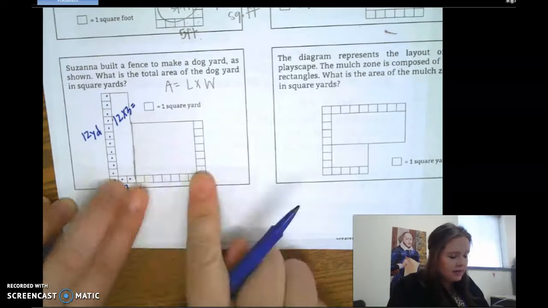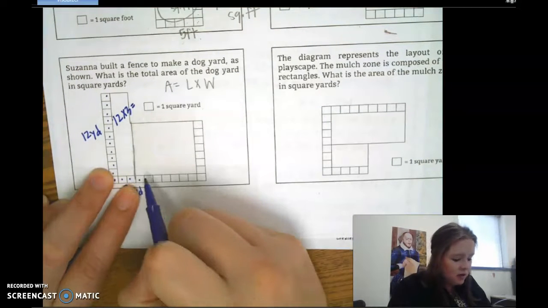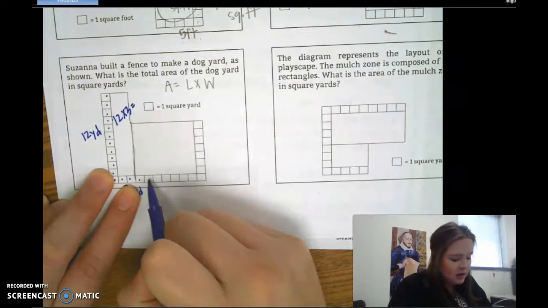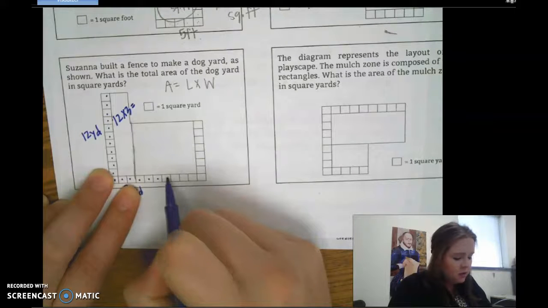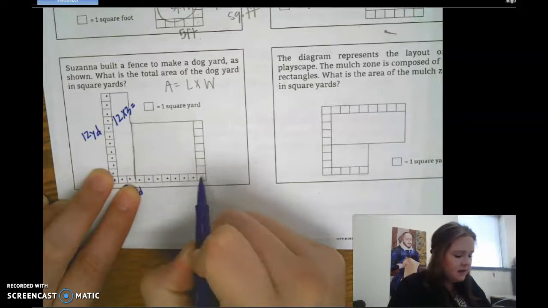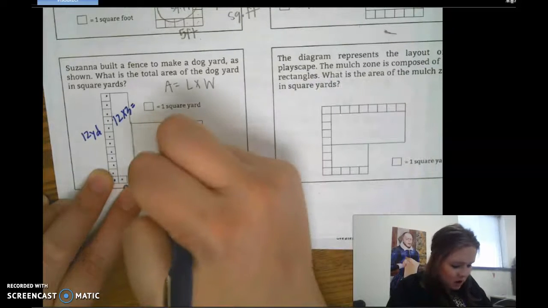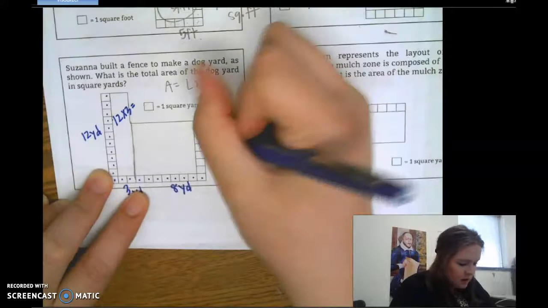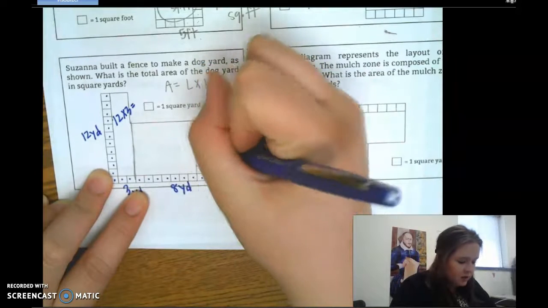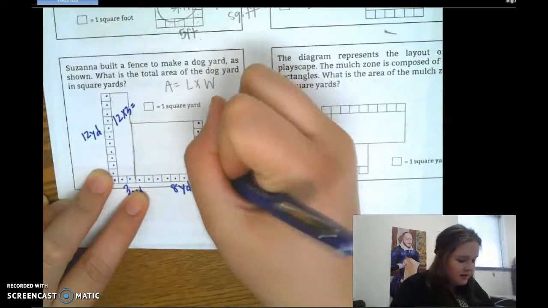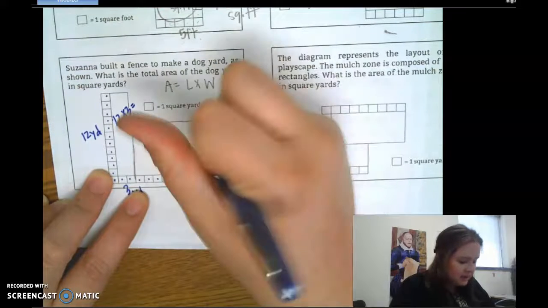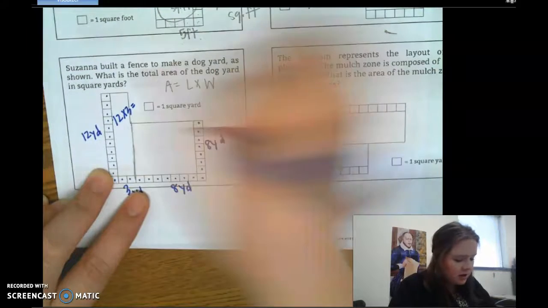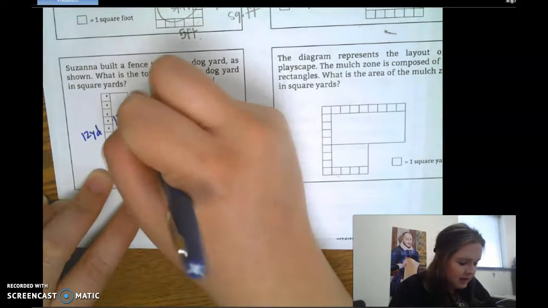All right, what about this one? Let's count. I want to hear you counting with me. 1, 2, 3, 4, 5, 6, 7, 8. 8 yards. 1, 2, 3, 4, 5, 6, 7, 8. 8 yards. So I'm going to multiply 8 times 8.